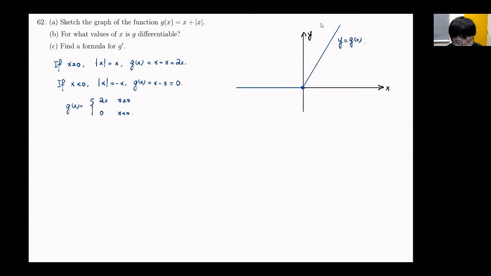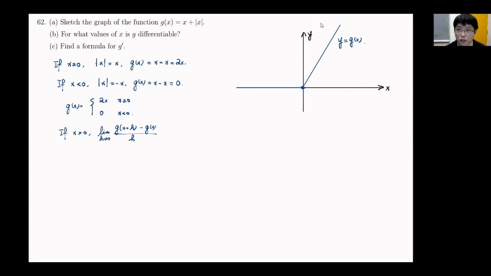All right, so that finishes the discussion of part A. For part B, we will just use the previous principle without justification. So let's directly compute g prime of x. If x is strictly greater than 0, in this case, the limit of g of x plus h minus g of x divided by h as h approaches 0.